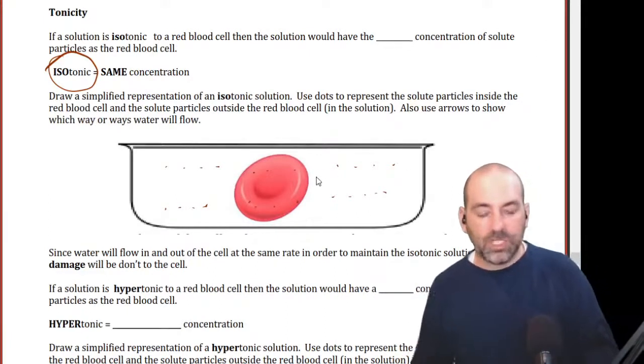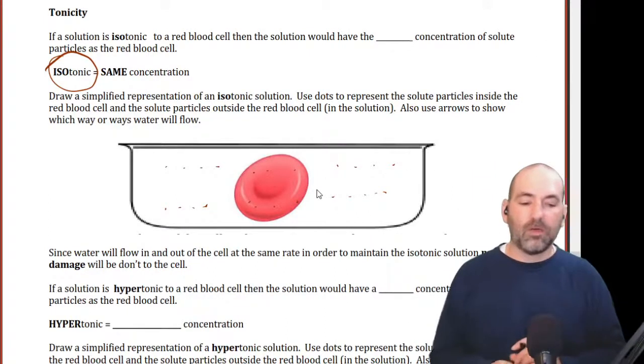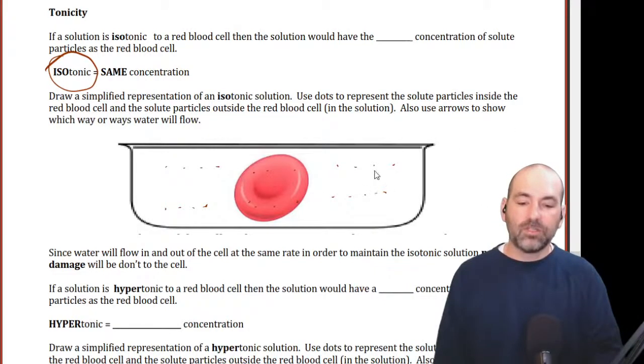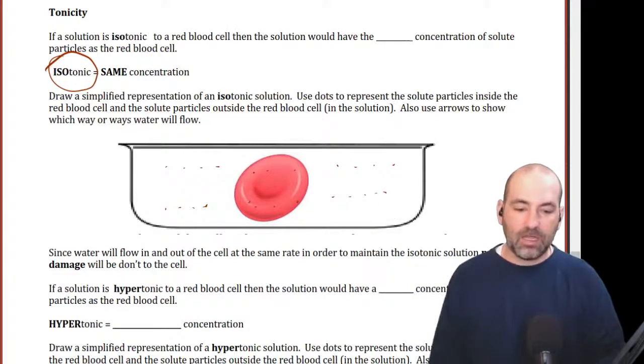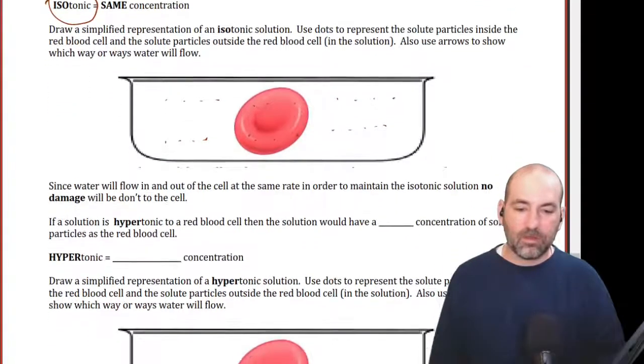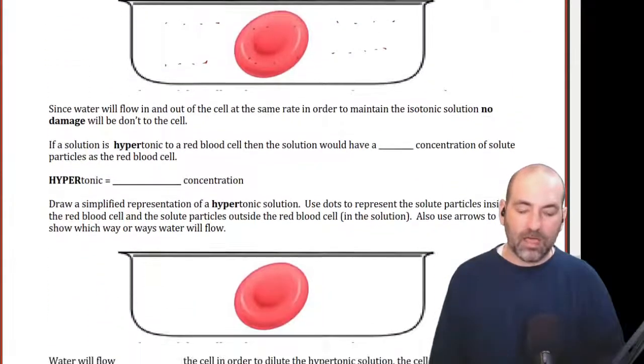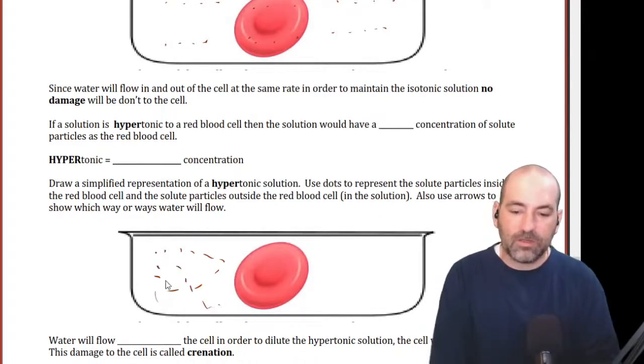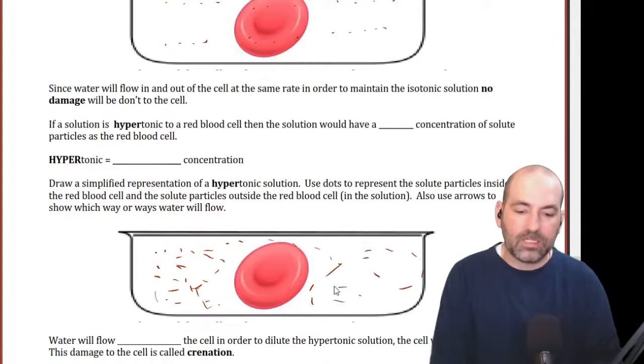But when those change, we can get some less favorable conditions. So if a solution is hypertonic, meaning that there's lots more solute outside than inside, hyper means high, so we're saying that the fluid out here is a much higher concentration of solute than the fluid inside the cell.